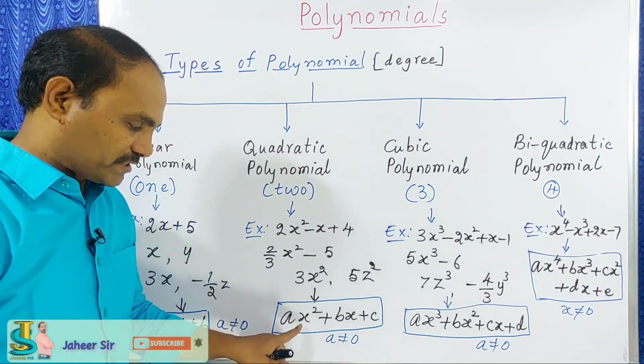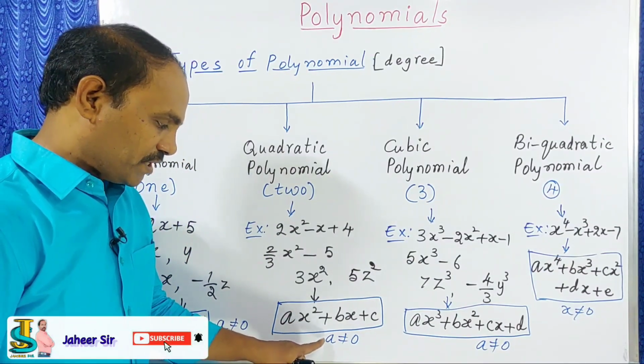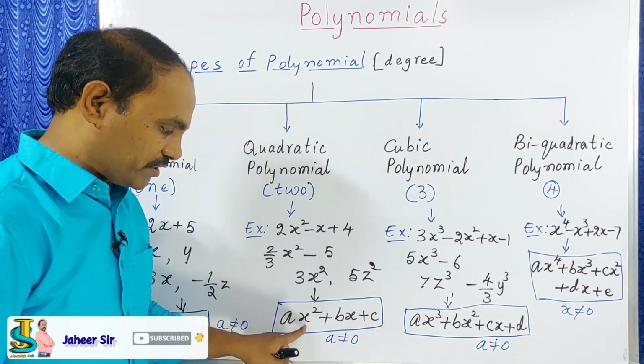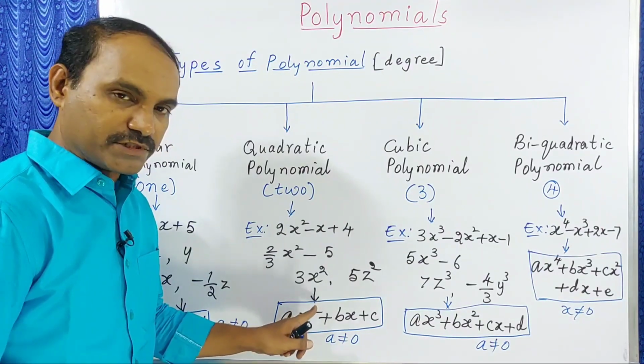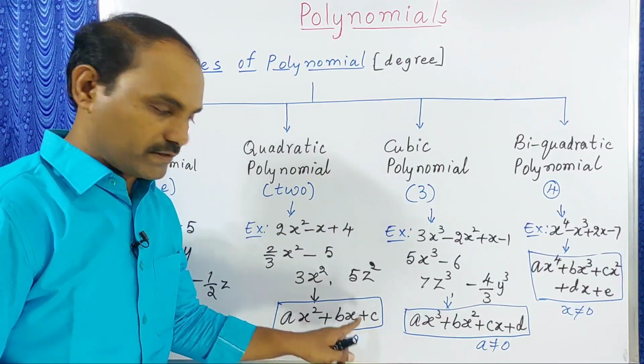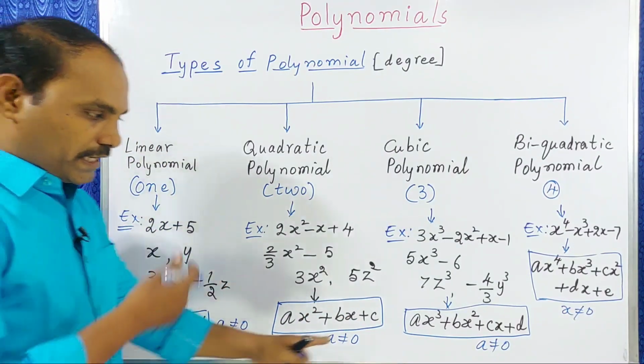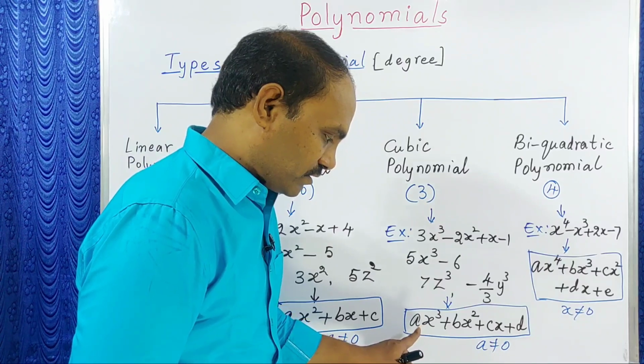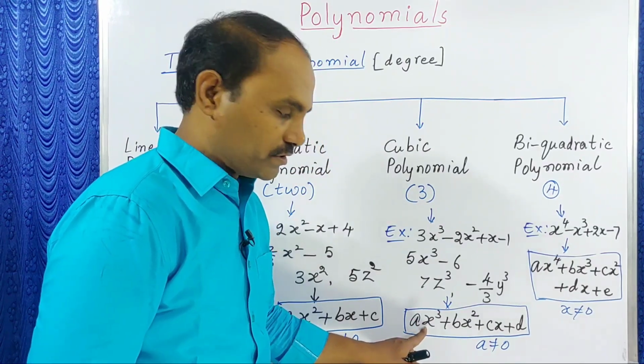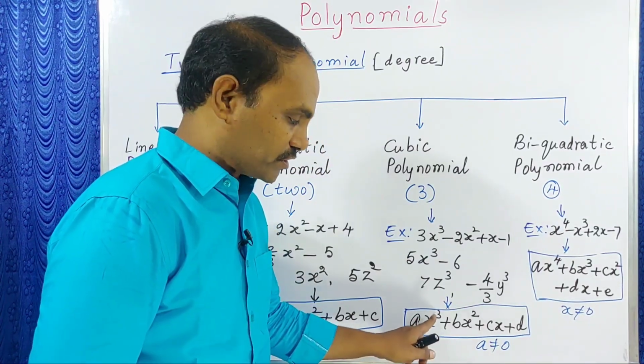For example, if a is equal to 0, then 0 into x square is 0. This term becomes 0, meaning bx plus c, then it is a linear polynomial. Here also the same: if a is 0, then a into x cube means 0 into x cube, 0.